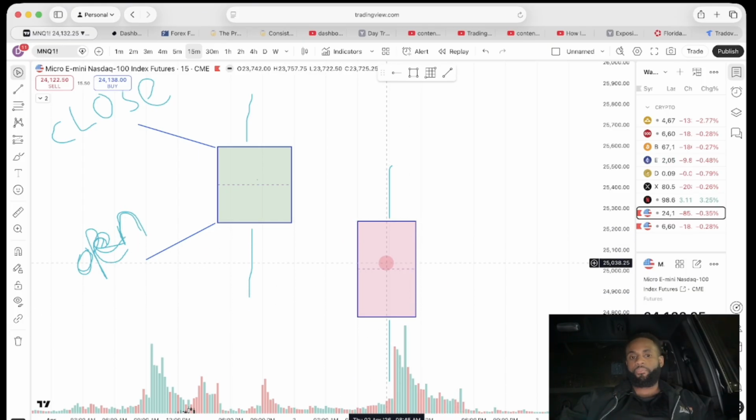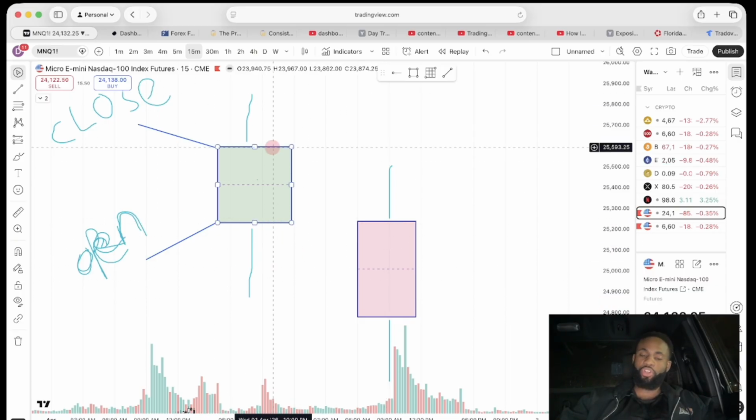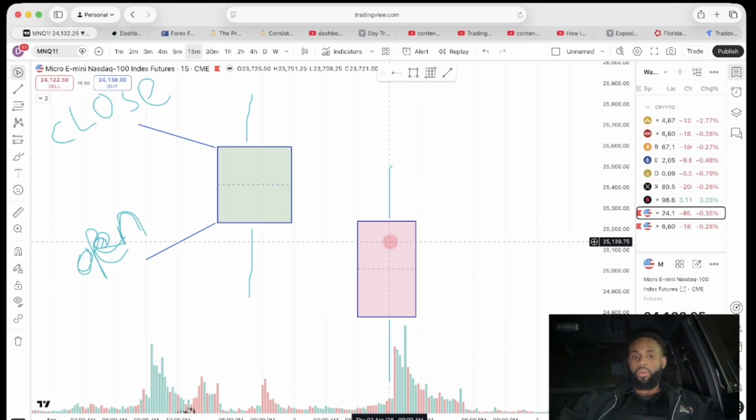All right. So let's say if this green bullish candle, let's say if we didn't close up here, let's say we closed down here. Now this candle would look like this candle because we opened right here.